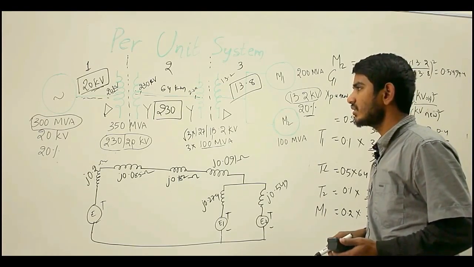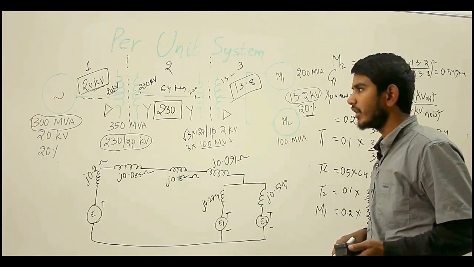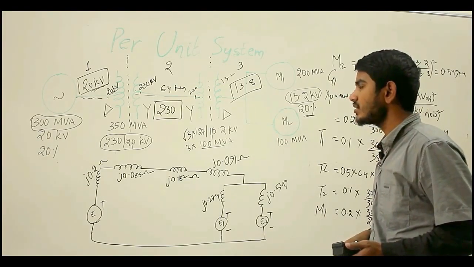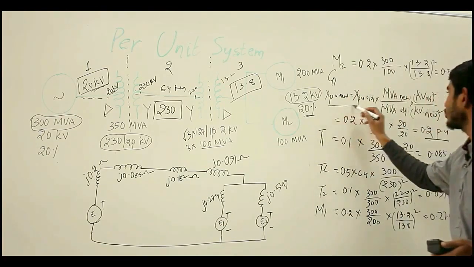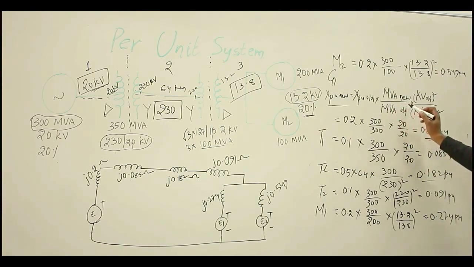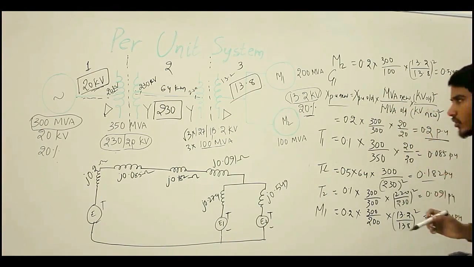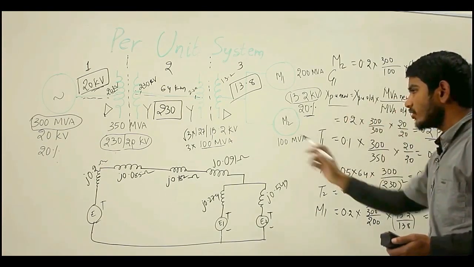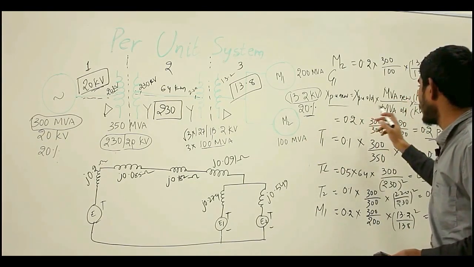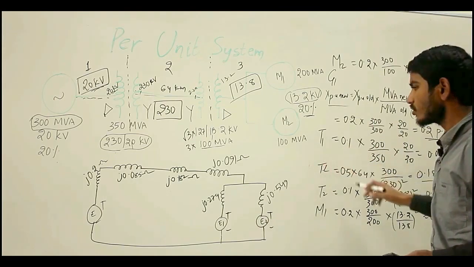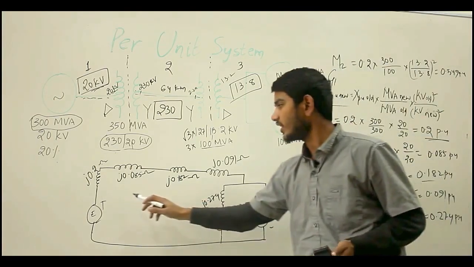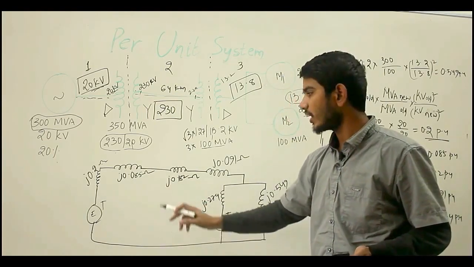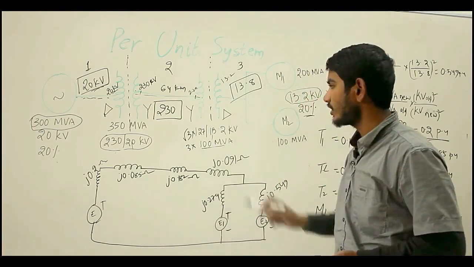So same potential can be divided into zones, and thereby you have to calculate the new kVs, and from there you are having this formula x per unit new, that is x per unit old into MVA new by MVA old into kV old square by kV new whole square. So by putting the given values in this formula, you can get the new reactances of the transmission line given, and thereby you can draw the reactance diagram or the impedance diagram for your transmission line.